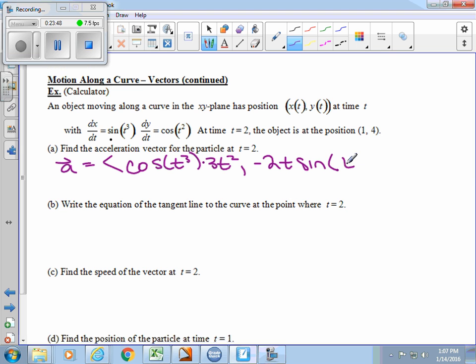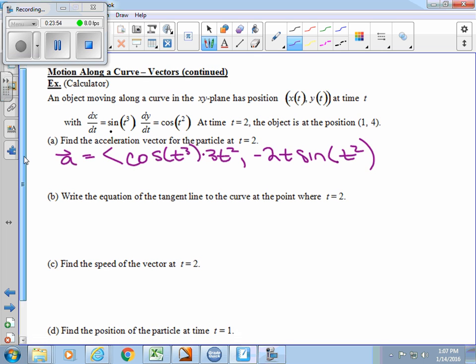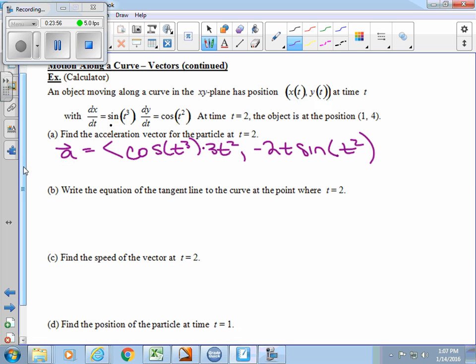Okay, before I go on, are there any questions about that one? So that is the acceleration at any time, but I wanted the acceleration at time 2. So I put 2 in, 12 cosine of 8. Everyone agree with that?